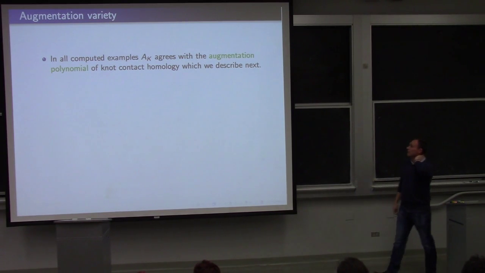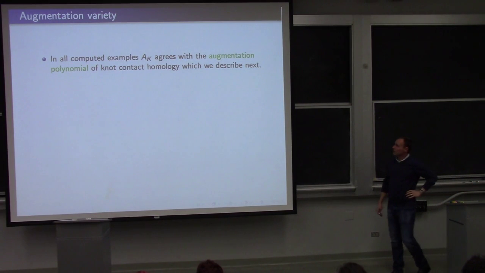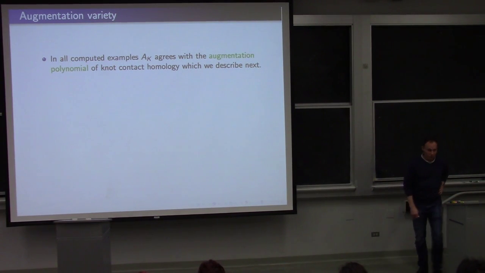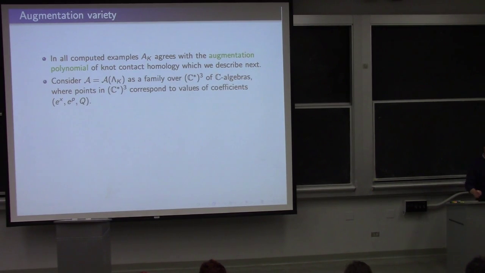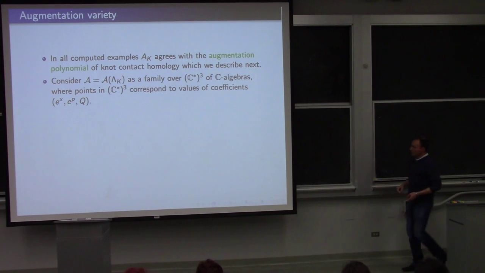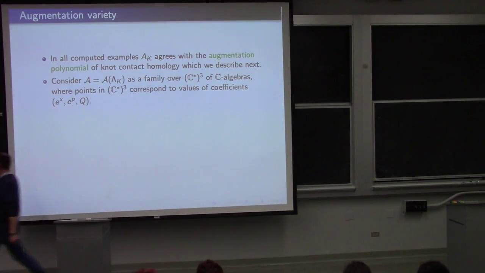The observation is that when you calculate this thing, you actually get in examples exactly the augmentation polynomial of knot contact homology. And so I would first tell you what that is, and then try to tell you why that is so. Okay, so remember again what we were doing in knot contact homology.